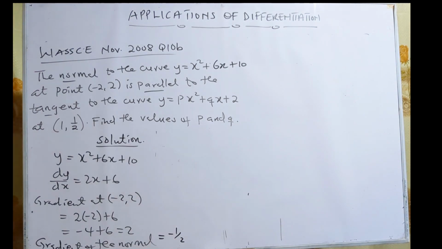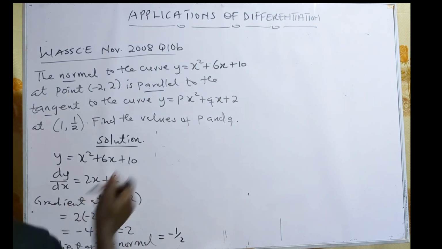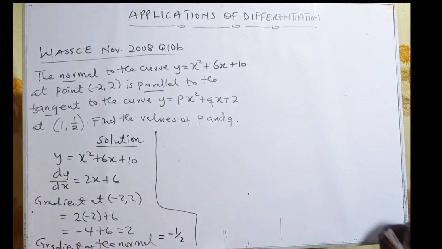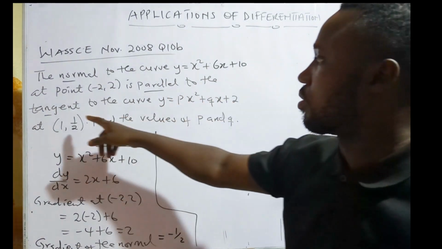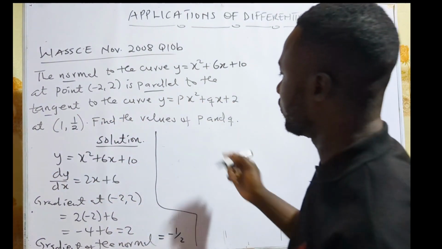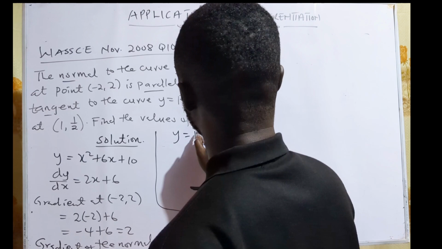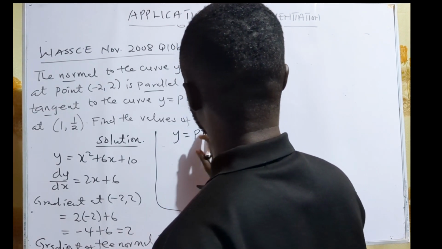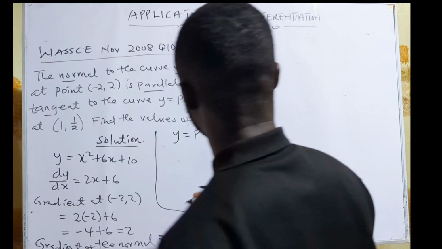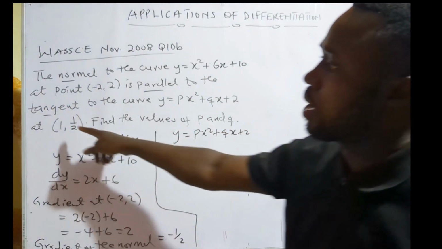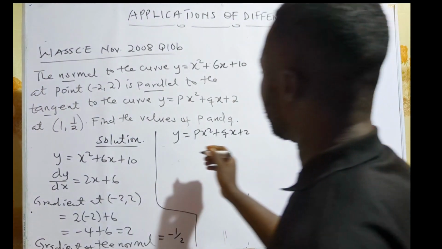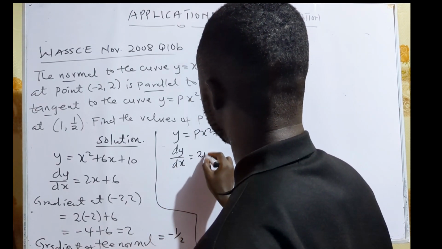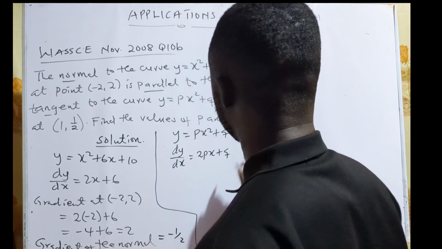Is that okay? Then let's continue. We also have to find the gradient of the tangent to the curve y equals px squared plus qx plus 2 at the point (1, 1/2). So let's differentiate this. dy/dx will give us 2px plus q.